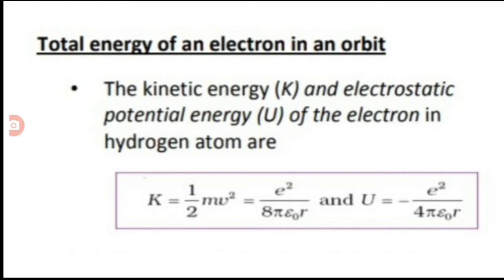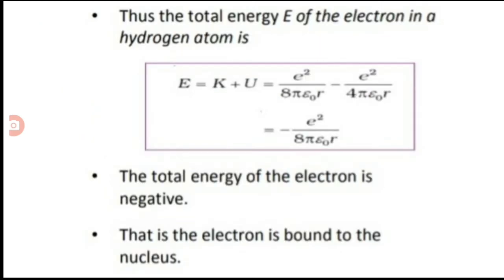Therefore, the total energy of the electron will be the sum of this kinetic energy and potential energy. That means e square divided by 8 pi epsilon 0 r minus e square divided by 4 pi epsilon 0 r. By simplifying this, we will get minus e square divided by 8 pi epsilon 0 r. So that is the expression for total energy of the electron in the hydrogen atom.